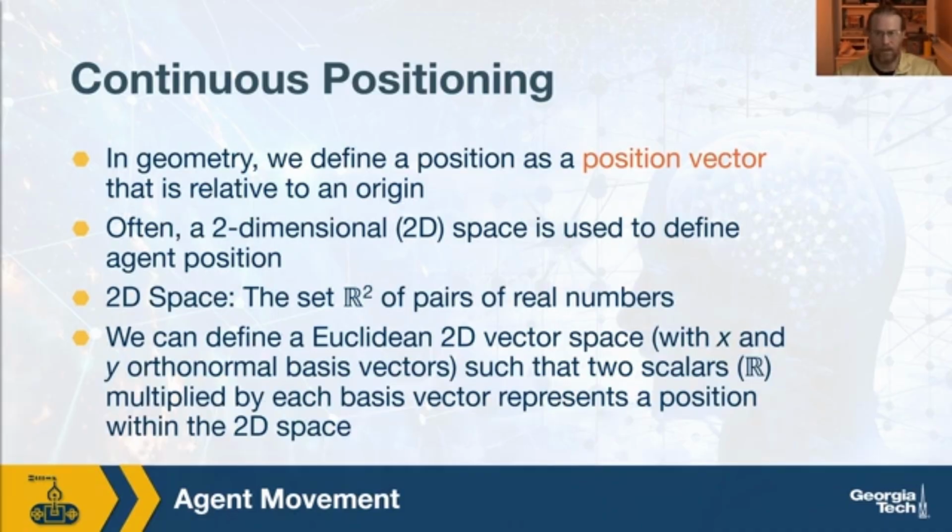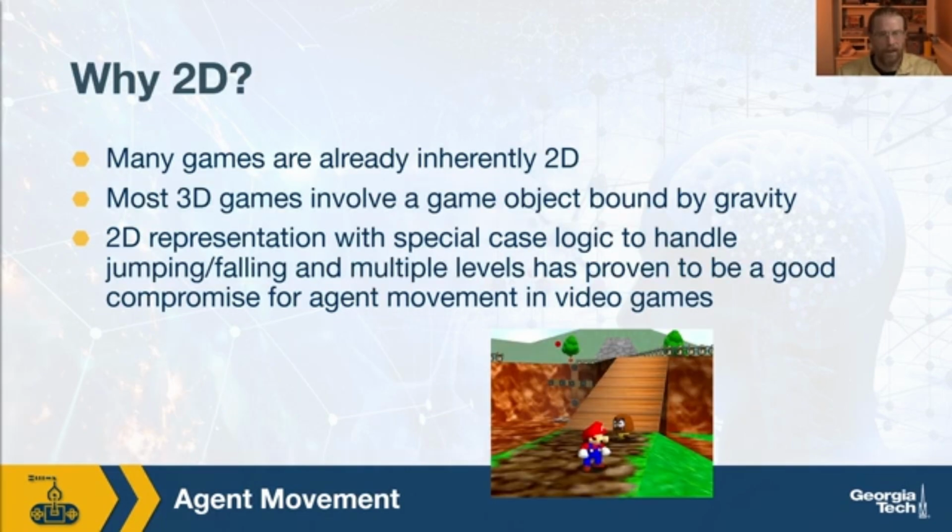We'll actually find out it's more common to say x and z. We'll cover that in a few slides here. But that allows us to define locations, at least point locations. Now, our agent's not a point typically, but we'll also look at that in a second.